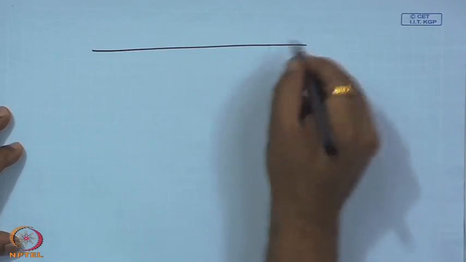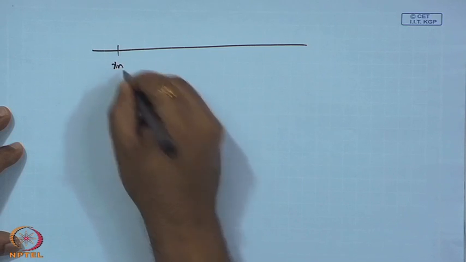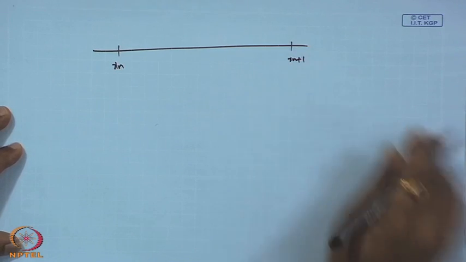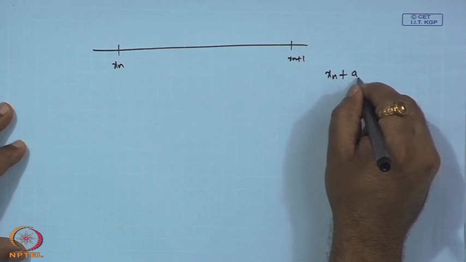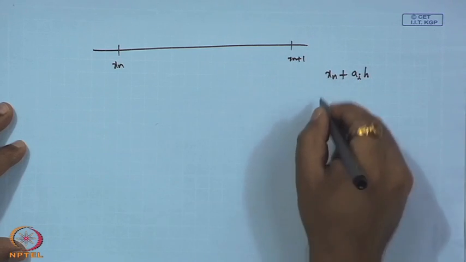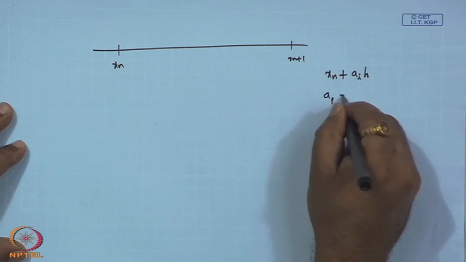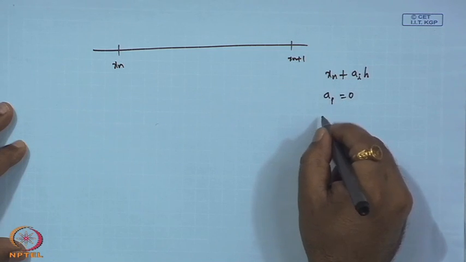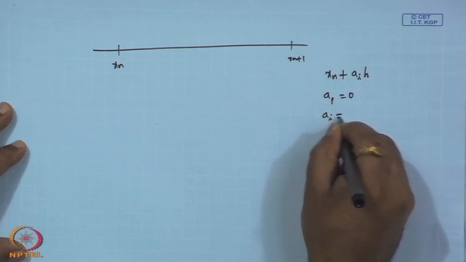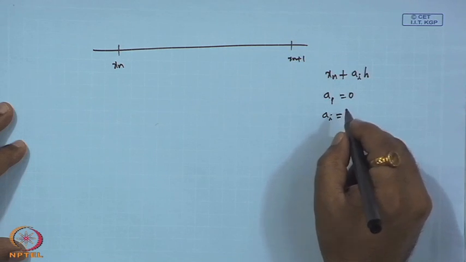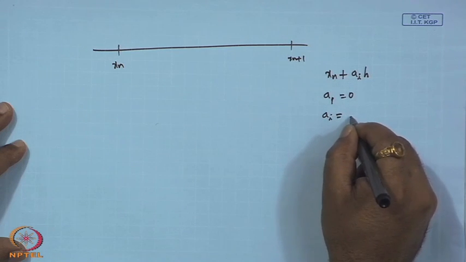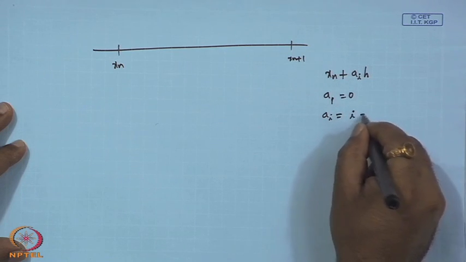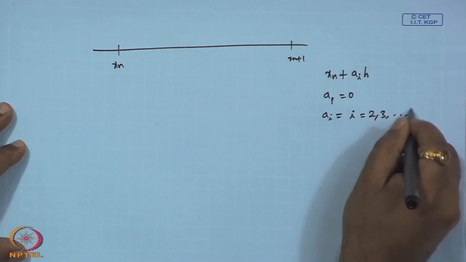Because within an interval x n to x n plus 1, we have introduced a notion a I h, where a 1 is 0, then a I depends. So, it will be I equal to 2, 3, L.